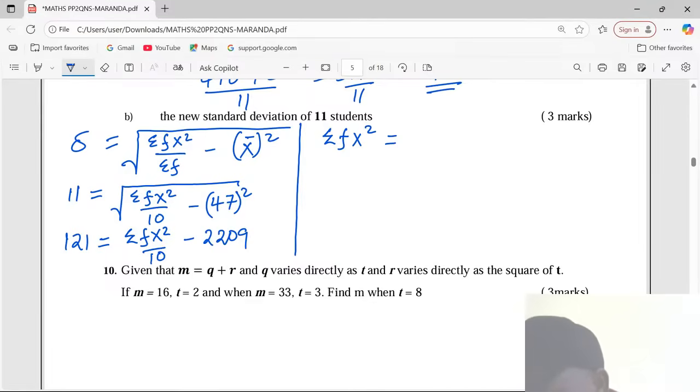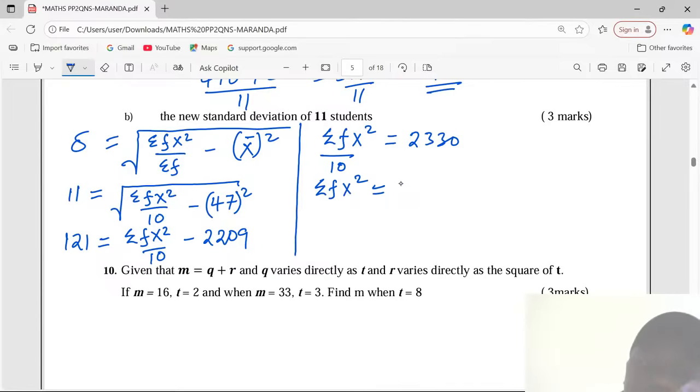This gives me 2330, and there is a 10 in the denominator here. So the sum of f of x squared equals, we multiply by 10, 23,300. So that was the original sum of f x squared, when they were 10.